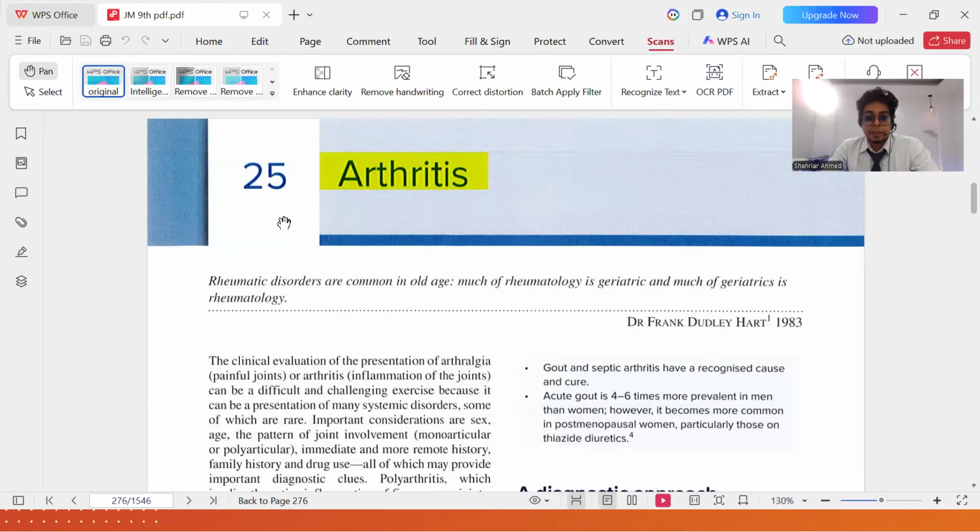We're going with the very first one, the arthritis chapter, page number 276.